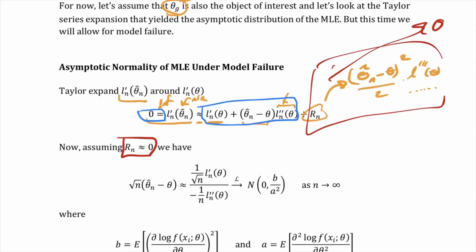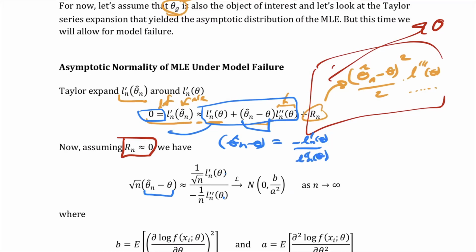And so I can solve for this, and this is what I get. So I got this piece is equal to these ratios, right? So basically I take this over to the other side. I have theta hat n minus theta is equal to minus L prime n theta over L double prime n theta.